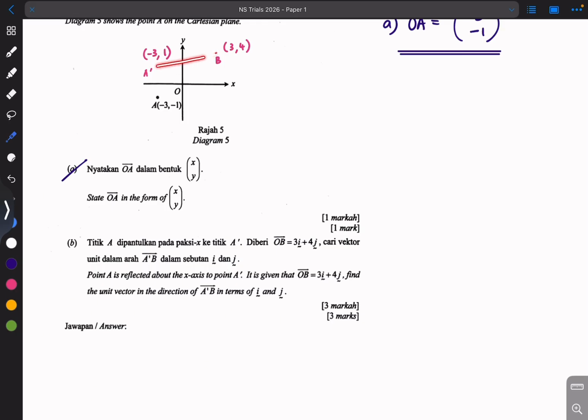So to go from this to this, we can go through A prime O plus OB. This plus this will give us this one. That would be our plan. So we can say A prime B would be A prime O plus OB. Alright.